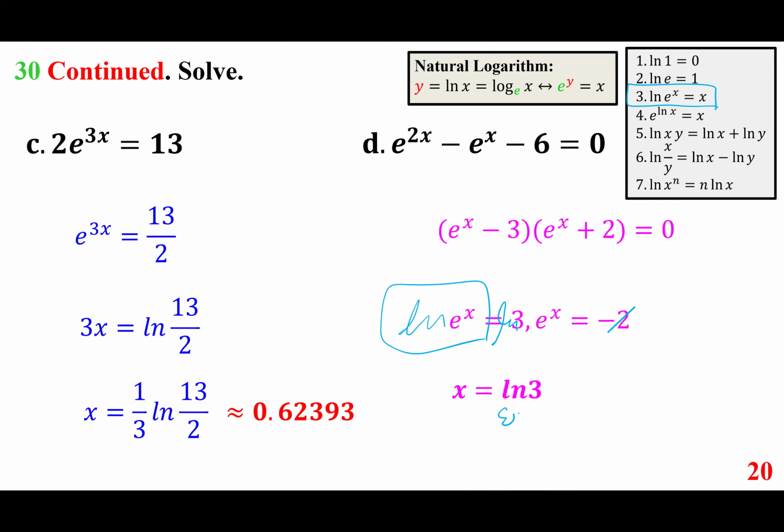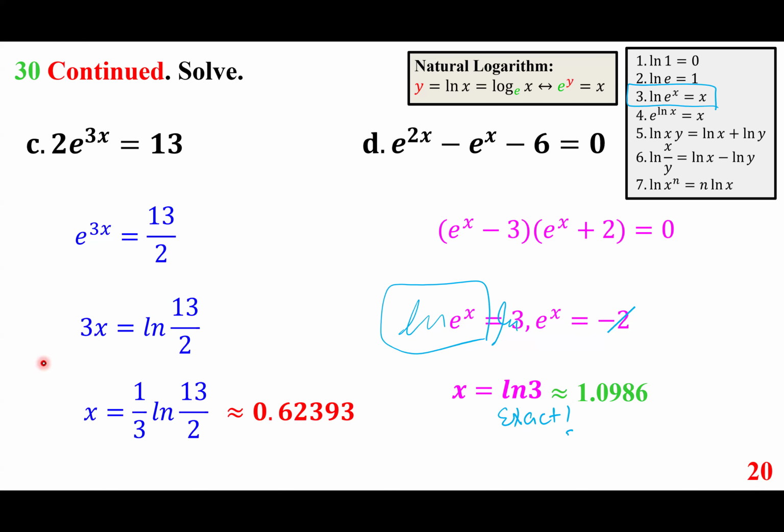It's an exact answer. Roughly 1.0986, depends on how many decimals they ask you. Always answer exact, unless otherwise asked for. And normally they will ask you how many decimals.